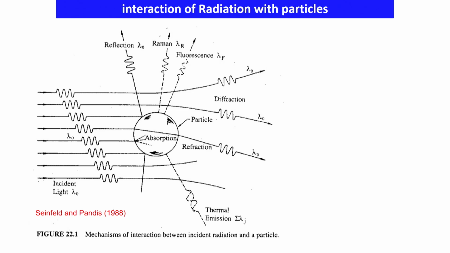This is what happens when the radiation interacts with the particles. Here, when I say radiation, I mean electromagnetic radiation or solar radiation. You have an incident light, and for simplicity let us assume that the wavelength is lambda 0, a constant wavelength.